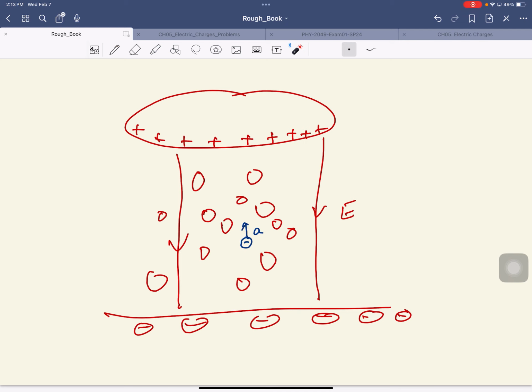Now, if the electric field is strong enough, where the acceleration is large, then before it collides, it gains enough speed where it starts knocking off electrons from them.